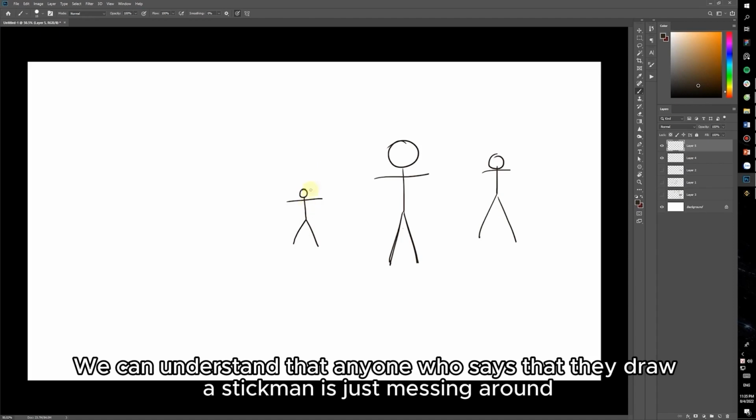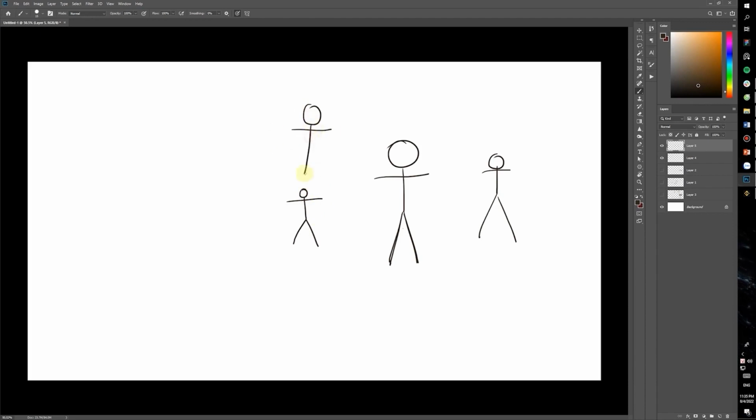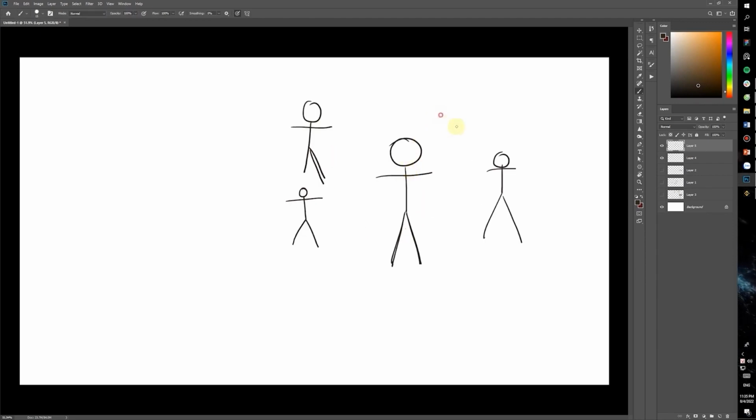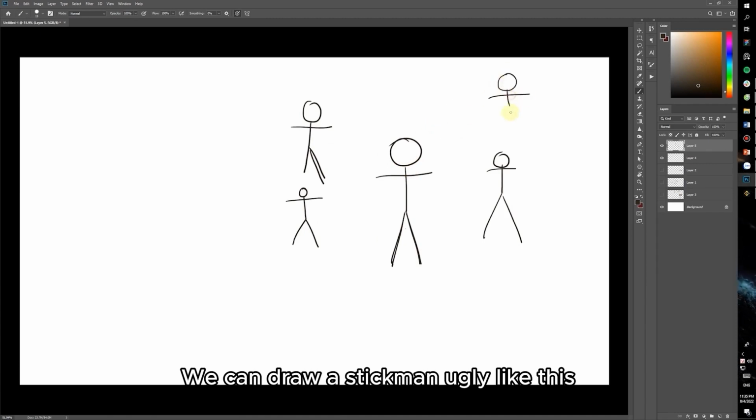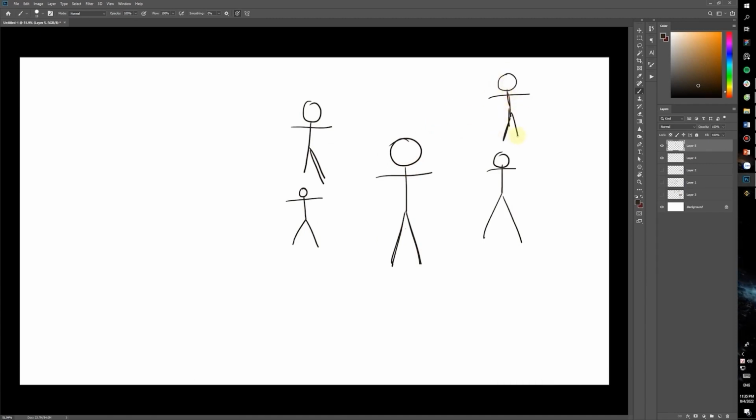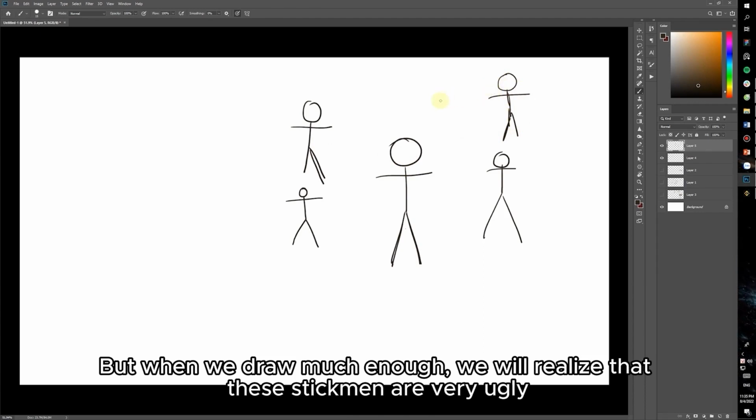We can understand that anyone who says that they draw a stickman is just messing around. We can draw a stickman ugly like this. But when we draw enough, we will realize that these stickmen are very ugly. It's not true.